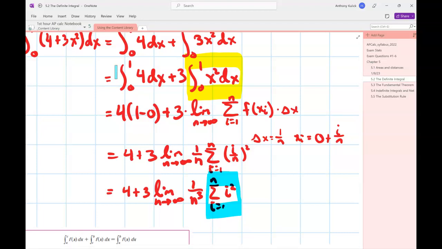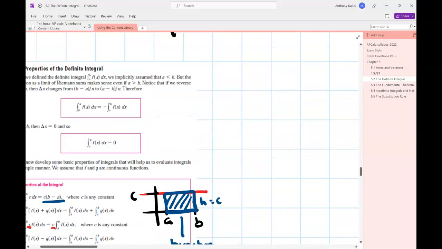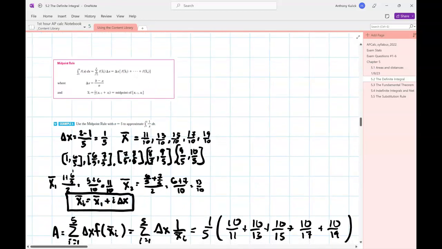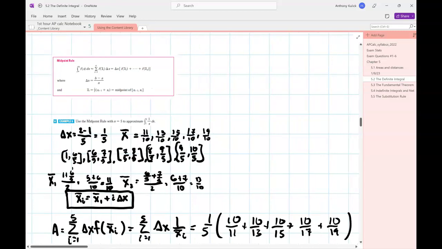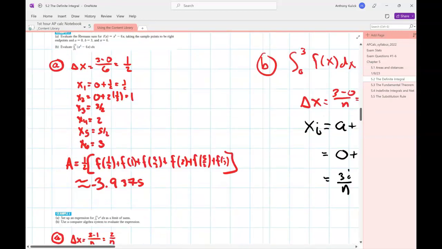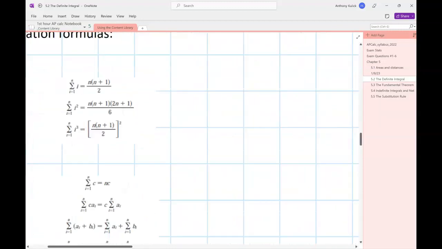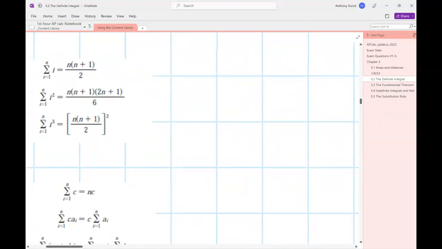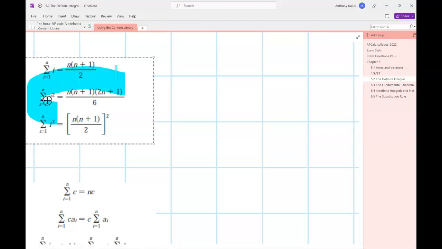Let's go back and double check what it is. I think it's n times n plus 1 times 2n plus 1 all over 6. But I want to double check that. Oops. Where are you? Oh, good. I did remember it. Let's see right here.